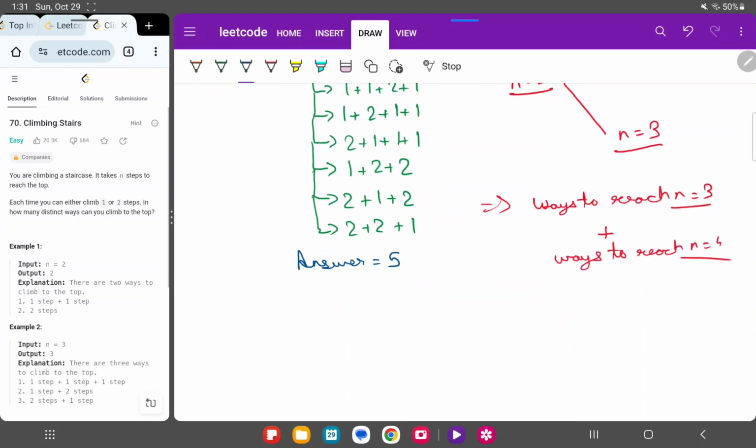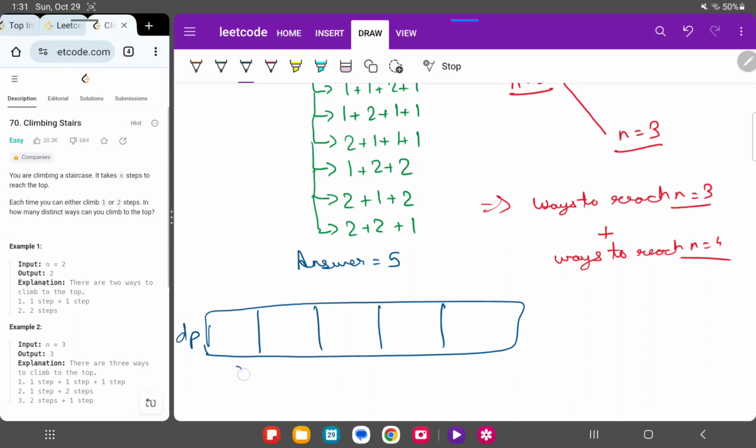So let's verify this using our array representation. Let's say this is the DP array that we have: 0, 1, 2, 3, 4 and 5. The index is representing the number of stairs that we have to climb. So for 0 we have 0, for 1 we have 1, for 2 staircases we have 2. As we had computed earlier, for n equals 3 and n equals 4 we had values 3 and 5.